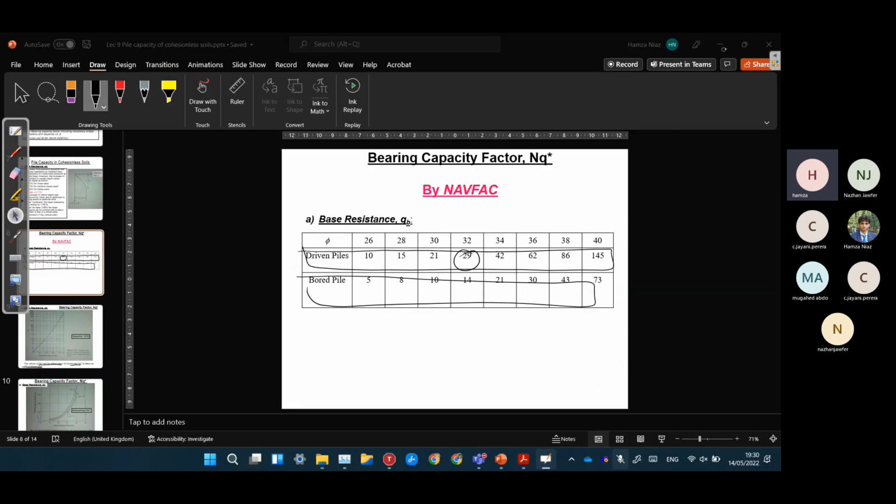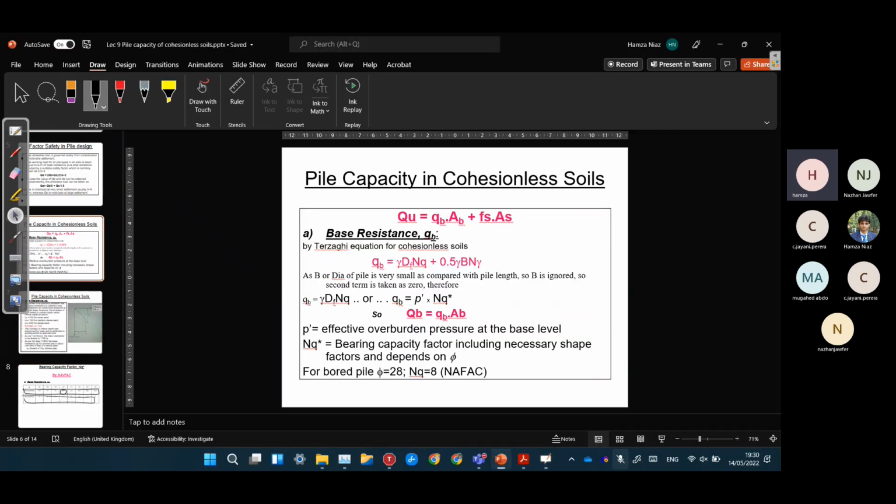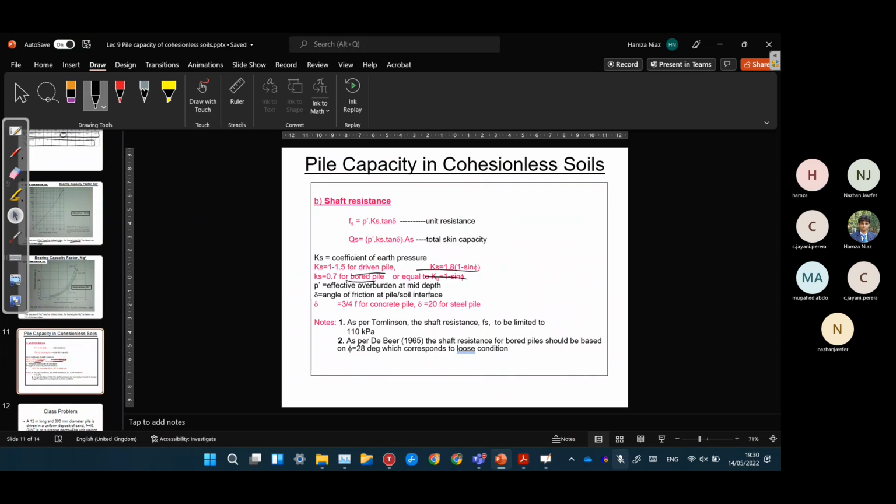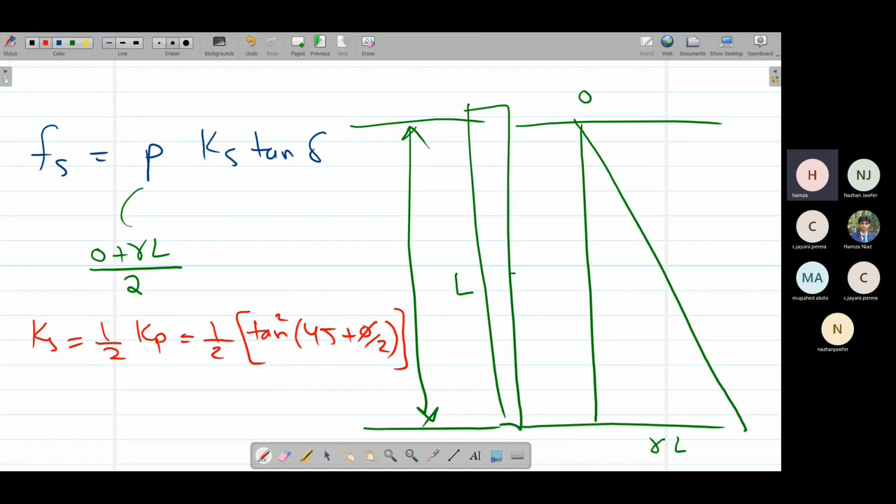Otherwise, there are also different values given for Ks. Ks is equal to 1 to 1.5 for driven piles, 0.7 for bored piles, and 1 minus sine phi. So these are different values. We can choose any formula, but usually we take Ks as 1 half of Kp.